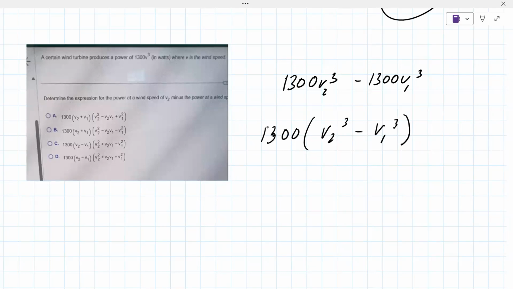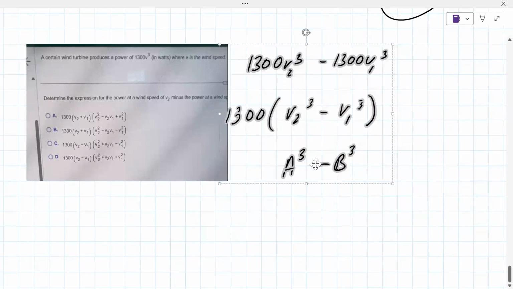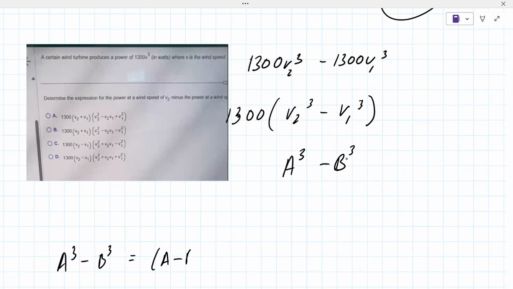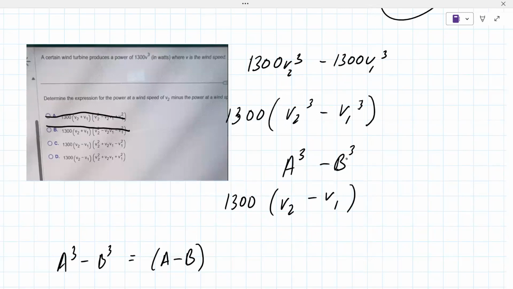And then what we're doing here is what's called difference of cubes. That's something you would have learned in a prior course, but I'll cover it here. Difference of cubes has a formula: a cubed minus b cubed becomes a minus b, times a squared plus ab plus b squared.